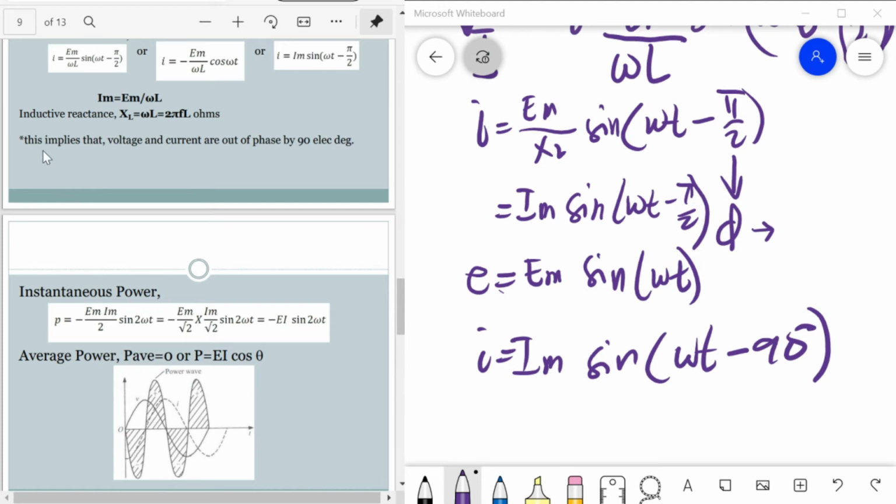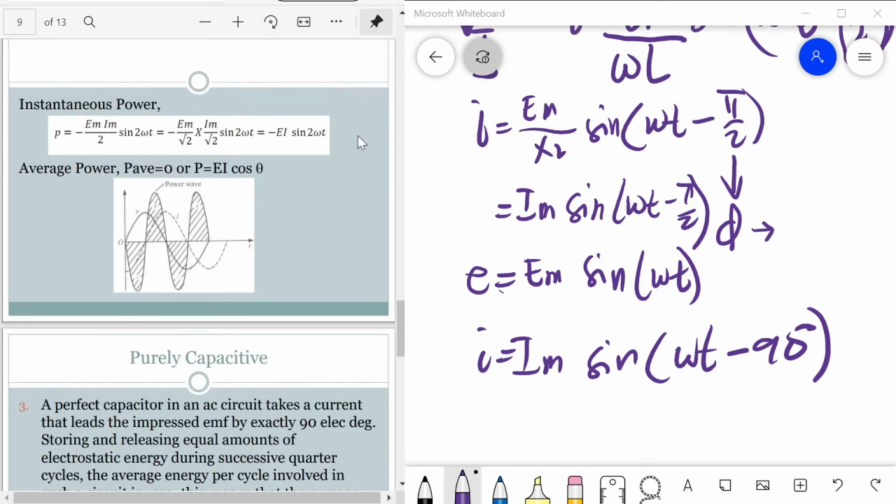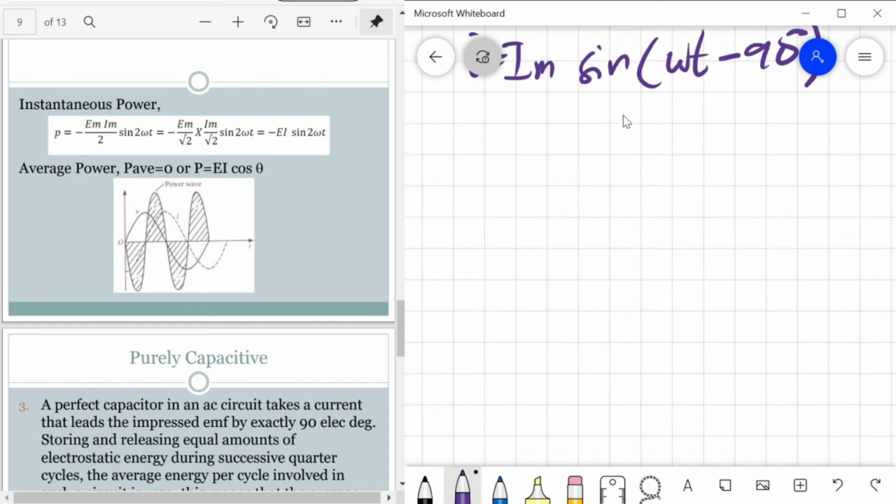Inductive reactance implies that the voltage and current are out of phase by 90 electrical degrees. So, instantaneous power P is equal to negative EI sine 2 omega t. Average power for a pure inductance is equal to 0.